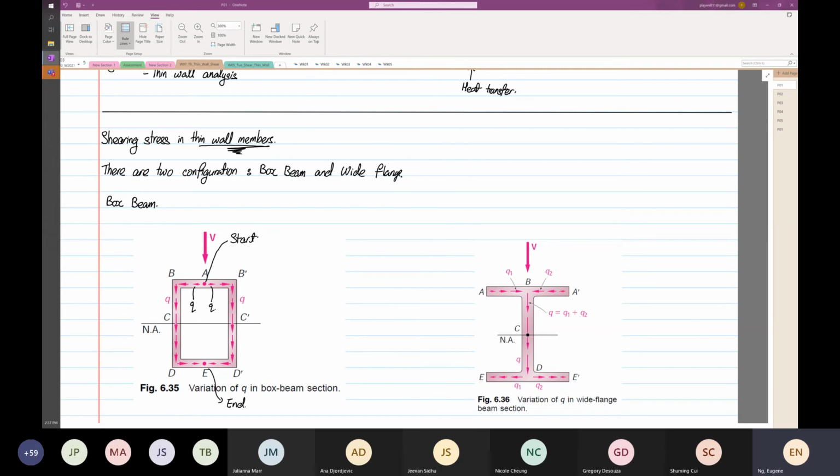You can see in the diagram, the longer the arrow, the higher the shear flow magnitude.